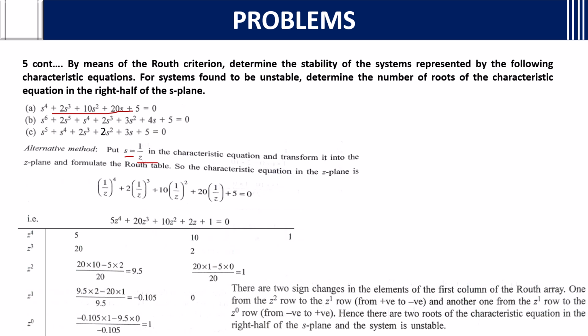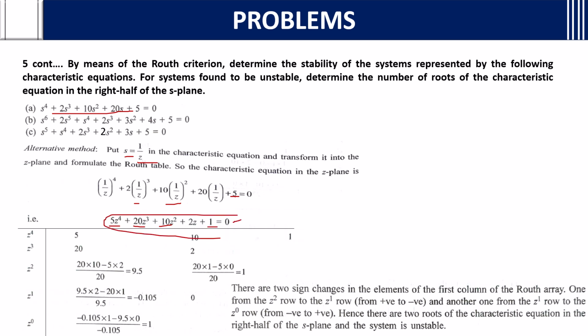In place of s, write 1 by z: 1 by z whole power 4 plus 2 into 1 by z whole cube plus 10 into 1 by z whole square plus 20 into 1 by z plus 5 equals 0. Taking the LCM, you get 5z power 4 plus 20z cube plus 10z square plus 2z plus 1 equals 0.